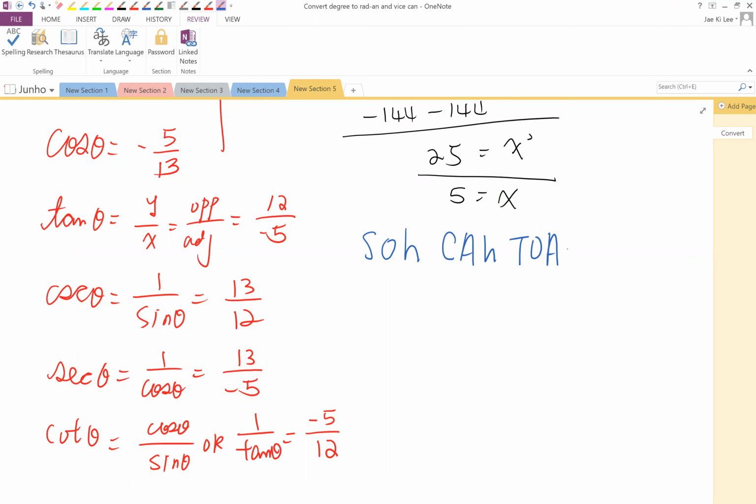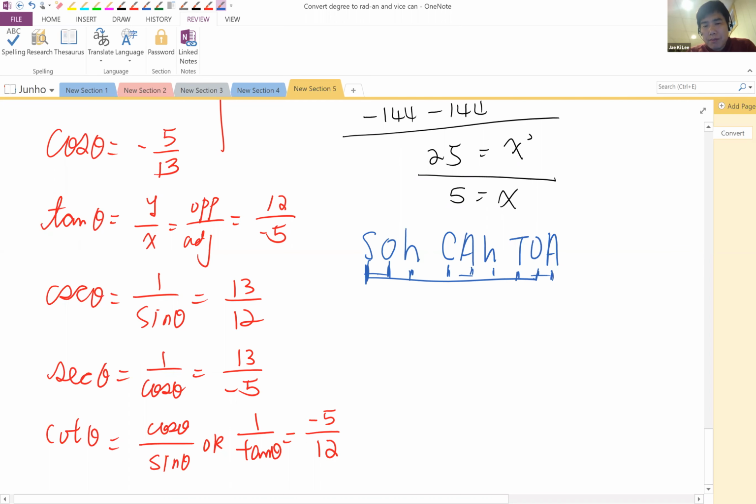SOHCAHTOA, right? Sine is opposite over hypotenuse, cosine is adjacent over hypotenuse, tangent is opposite over adjacent. SOHCAHTOA.